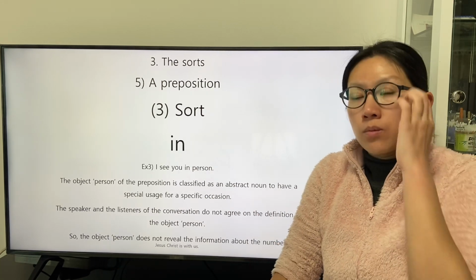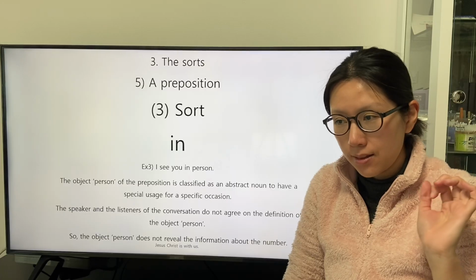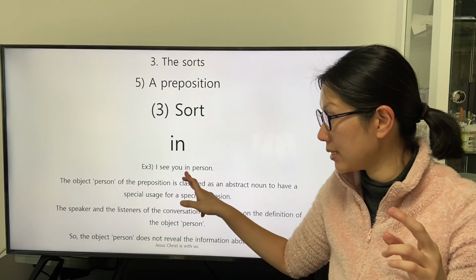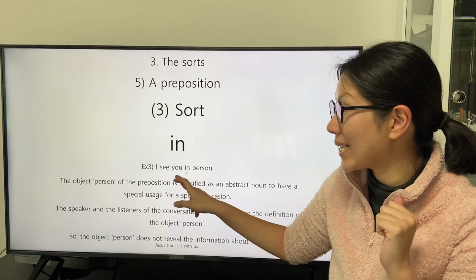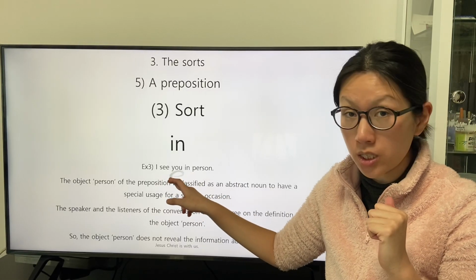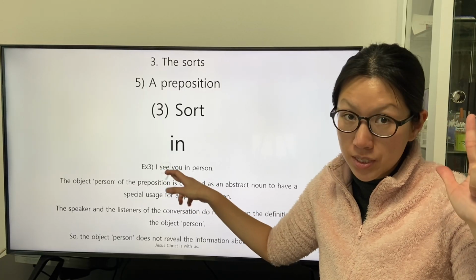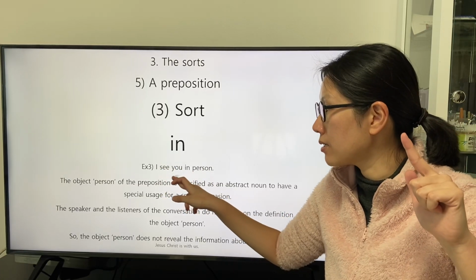So we can understand that the definition of the preposition in describes the existences of the listeners directly, and the definition of the transitive verb see indirectly.